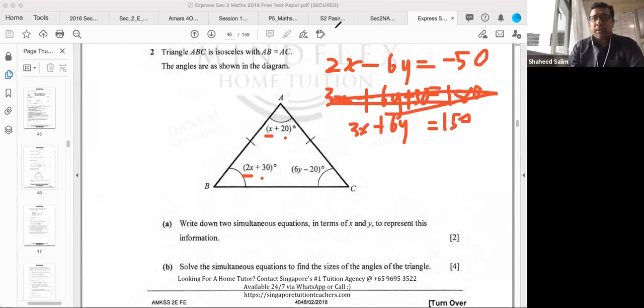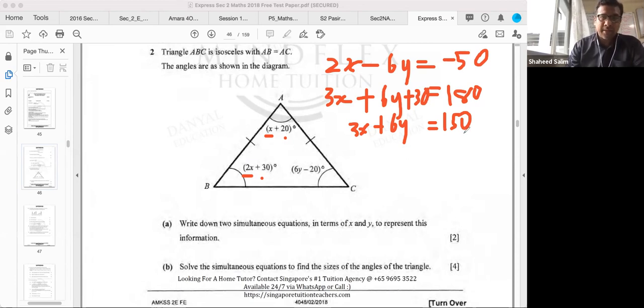No, you're not registering. Okay, down here now, this angle plus this angle plus this angle is 180 degrees. So I'm adding x plus x, 3x really. x plus 2x, 3x, plus 6y. The 20 and minus 20 can cancel, left with 30, plus 30 equals 180 degrees. I bring the 30 over there, I'm left with 150 here.